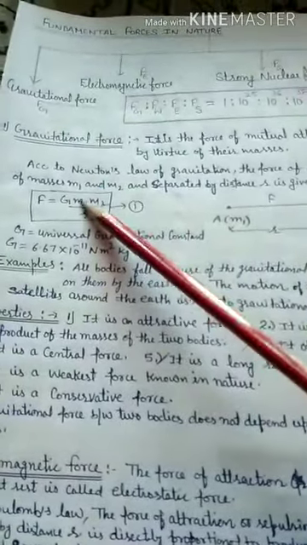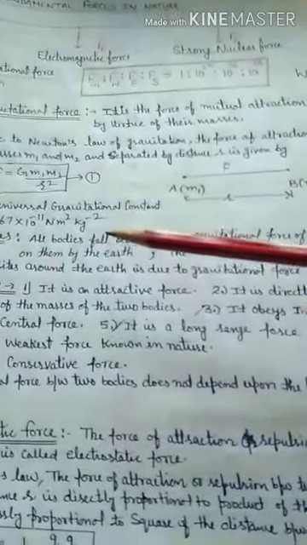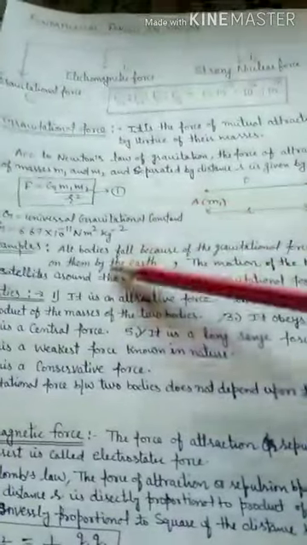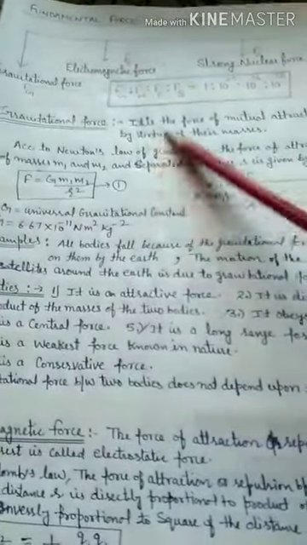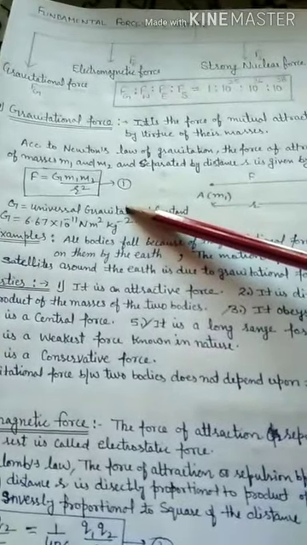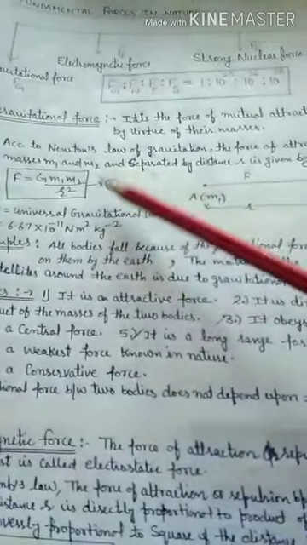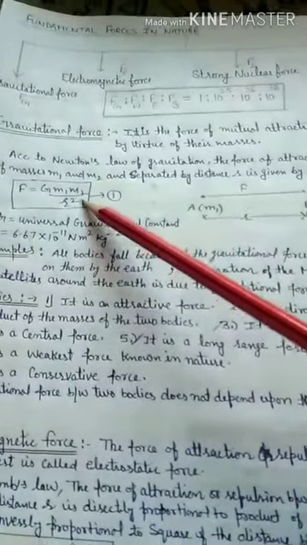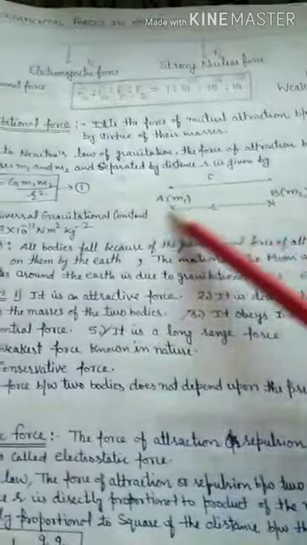How this expression is derived, we already discussed in 9th standard, and in the gravitation unit we will discuss it there. But what is Newton's law of gravitation? According to this law, every body in this universe attracts every other body with a force which is directly proportional to the product of their masses and inversely proportional to the square of the distance between them.